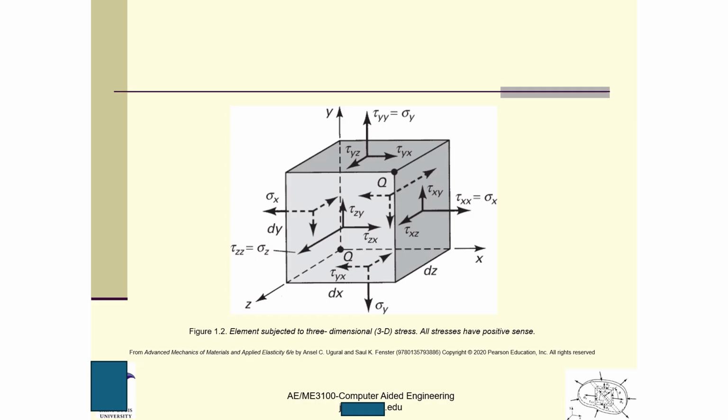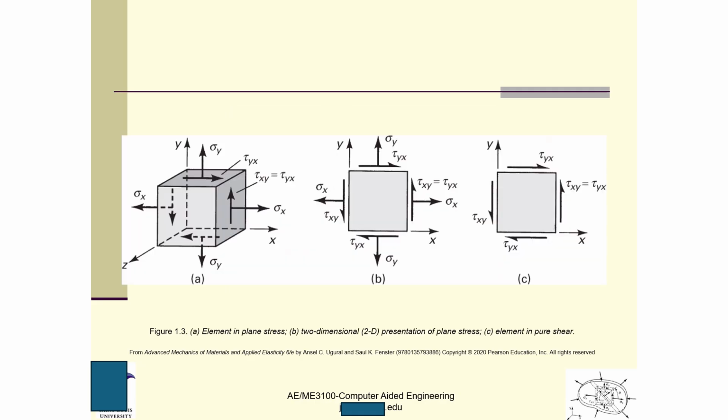Questions regarding this slide? No question, and we move on to the next slide. So here, for convenience, I put this infinitesimally small cube here, and I have sigma x, and this is tau xy, and tau xy equals tau yx.